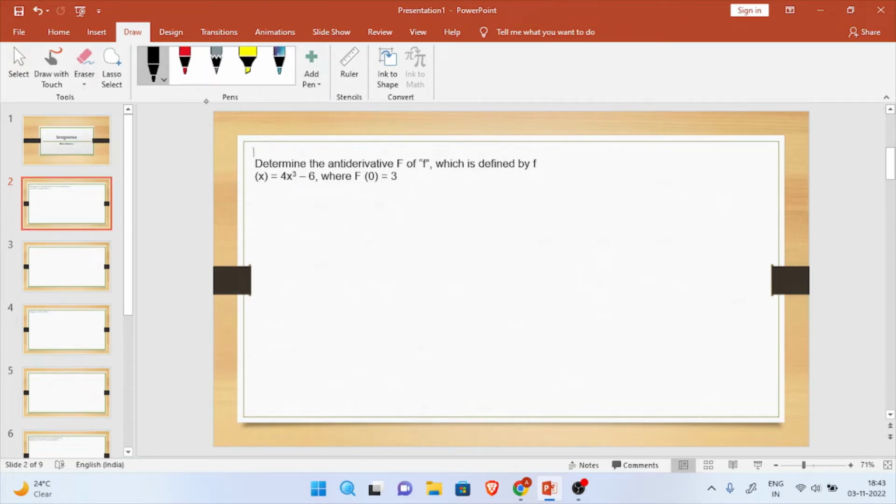Here is the first question, which states: determine the antiderivative of this function. Antiderivative is nothing but integration.